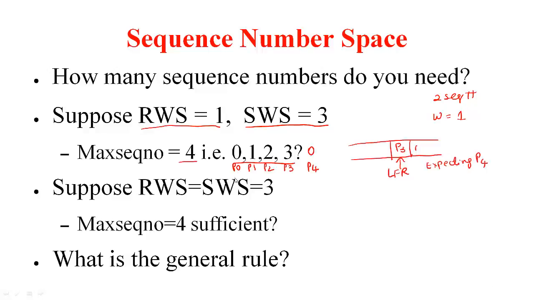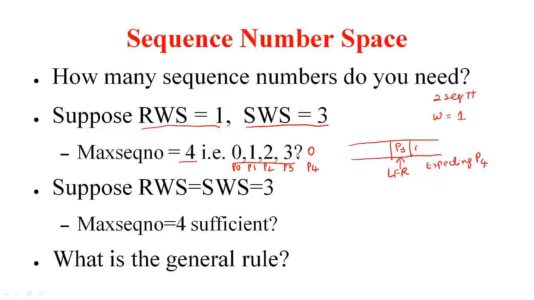Here I have just numbered the packets P0, P1, P2, P3, P4, and if you are reusing the sequence number space, P4 has the same sequence number as P0. Now suppose the receiver is expecting P4. To show that a sequence number space of 4 suffices, when it is expecting 4, P0 should not arrive.